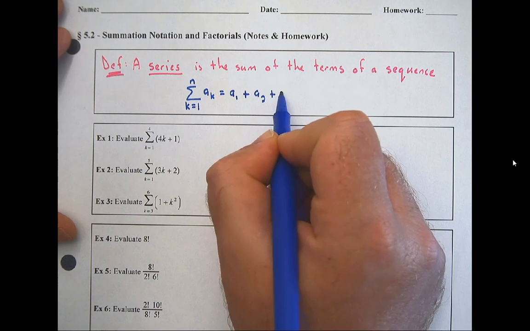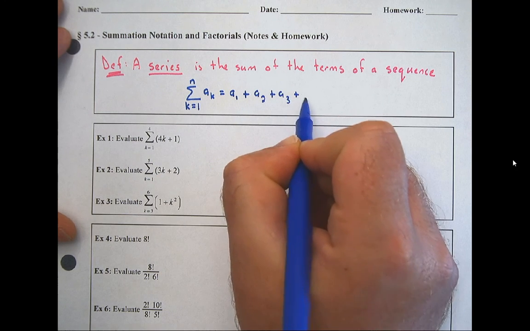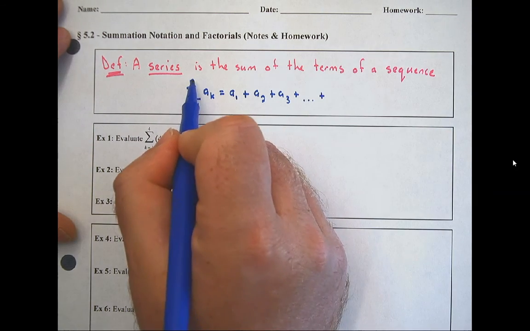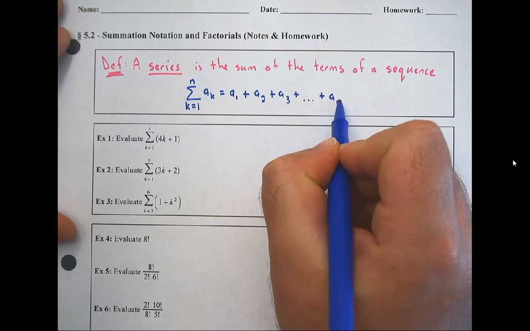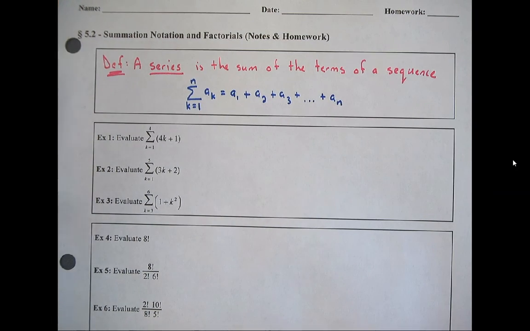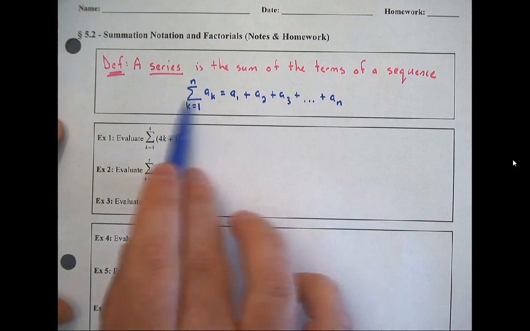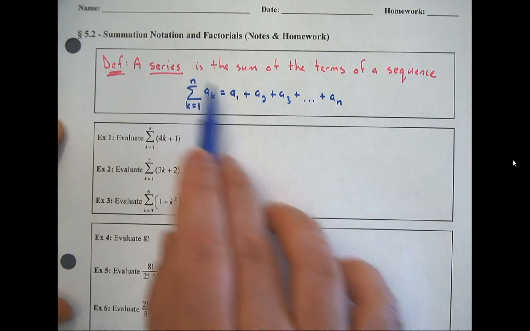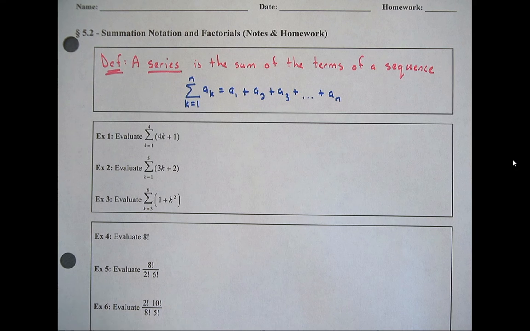After 2, I would plug in 3, and then 4, and then 5, and then 6. And then we'd go all the way until we plugged in whatever this number is, a sub n. So that's this. This is called summation notation. This is explaining how summation notation works, and then this is a series, this idea of adding together those values.